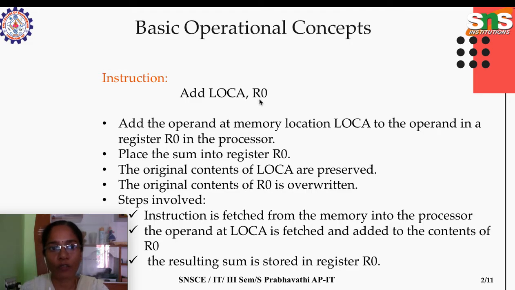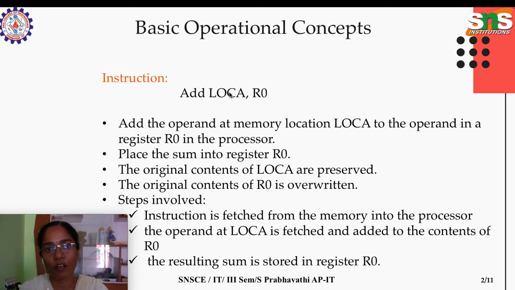Here R0 is the register that already has some value in it. After fetching the operand values, addition is performed. In location A there is a data value, the operand, and in R0 there is a value. Both the values are added and the result is stored in R0. The previous value of R0 is overwritten by this output.